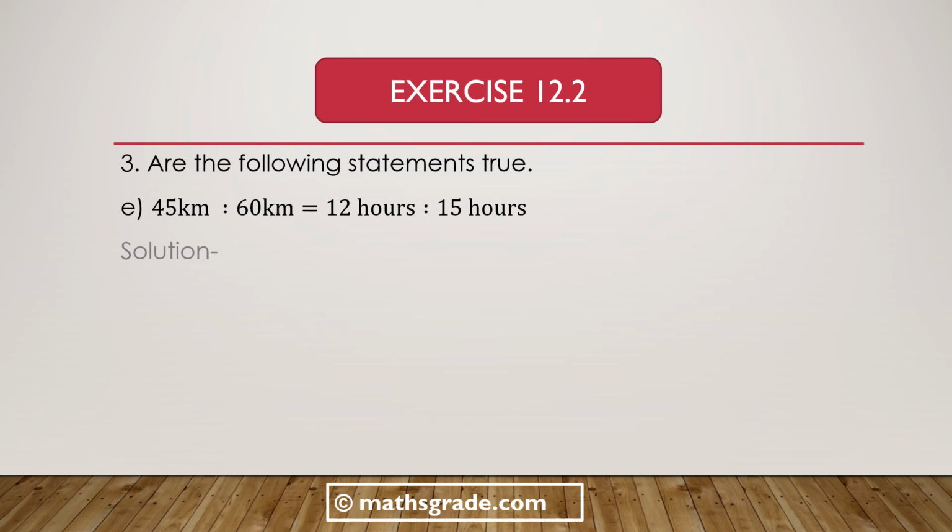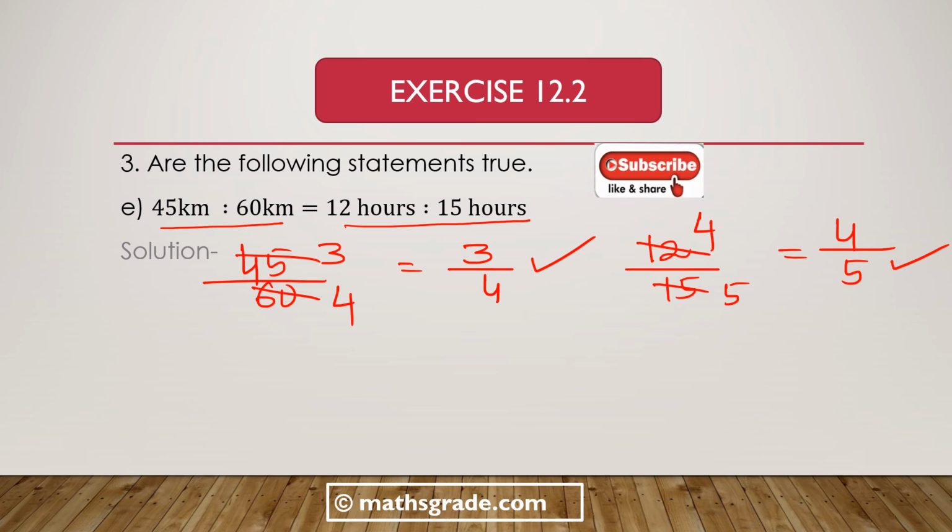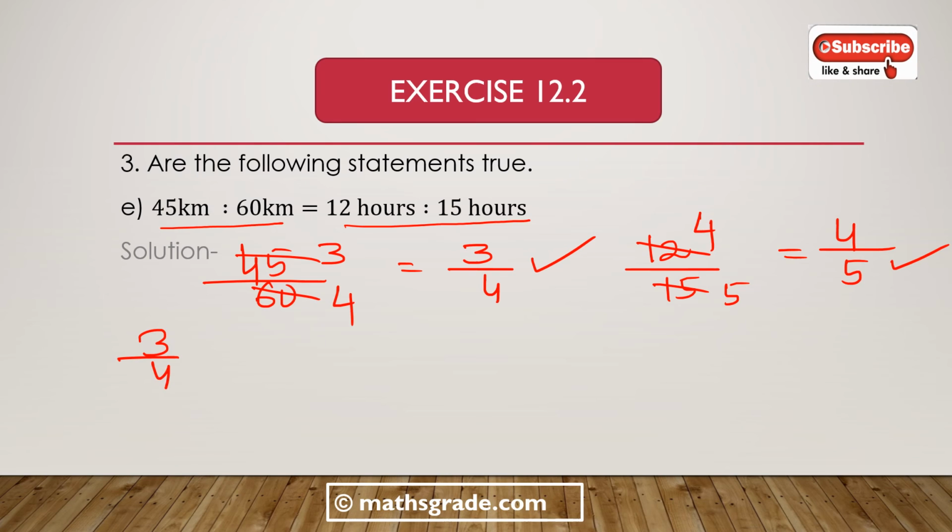Now part E, 45 kilometers is to 60 kilometers is equal to 12 hours is to 15 hours. 45 divided by 60. Between 45 and 60, 15 is the common factor. 15 times 3 is 45, 15 times 4 is 60. So 3 divided by 4. And 12 hours divided by 15 hours is 3 divided by 5 times... 3 times 4 is 12, 3 times 5 is 15, so 4 divided by 5. 3 divided by 4 is not equal to 4 divided by 5.